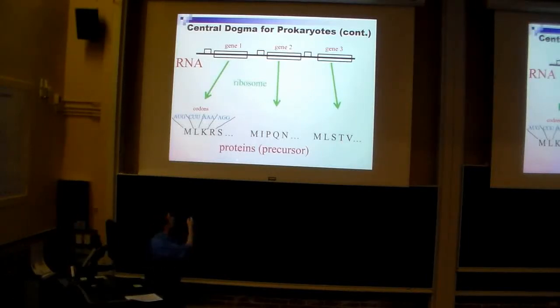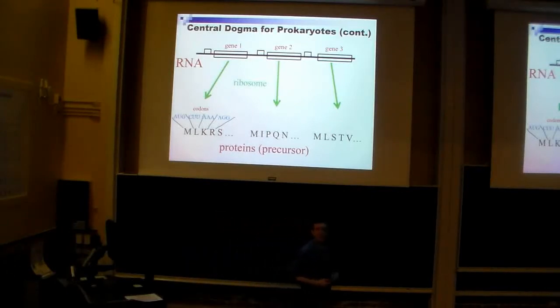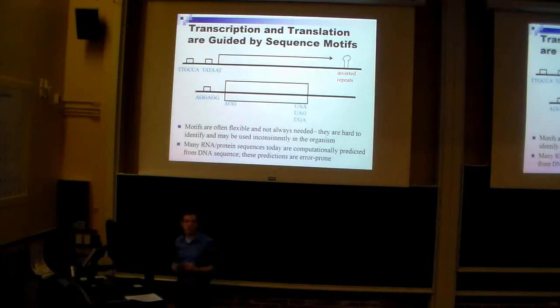Triplets of nucleotides will each code for an amino acid, and then these sequences of triplets will give us proteins or polypeptide sequences. These will canonically be what we would refer to as precursor proteins. I'll come back to that in a moment. But basically, that's how we get from DNA to RNA to protein.